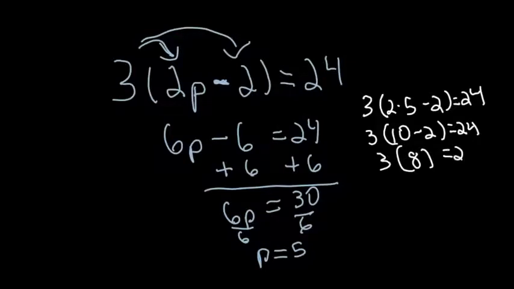And then 3 times 8, oops, talking and writing at the same time, I'm writing the wrong number. And then 3 times 8 is 24, so 24 equals 24, and we know we did that one correctly.